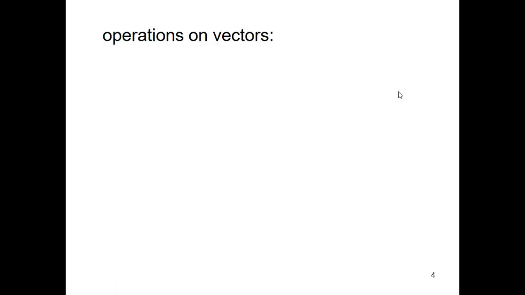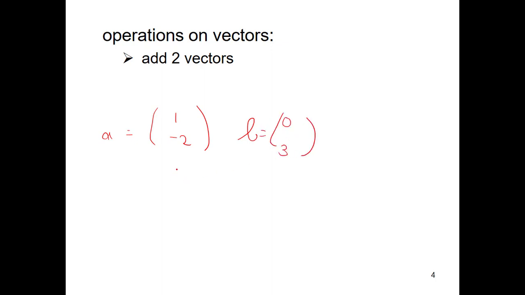We can use vectors in operations, and a very simple one, we can add two vectors. So, for instance, if we would take the vector A being 1, minus 2, and a vector B being 0, 3, then we could have these vectors added. So let's just start somewhere in space and draw vector A. So it goes 1 to the right, 2 to the bottom. So this is vector A. Vector B has 0 to the right and 3 up.